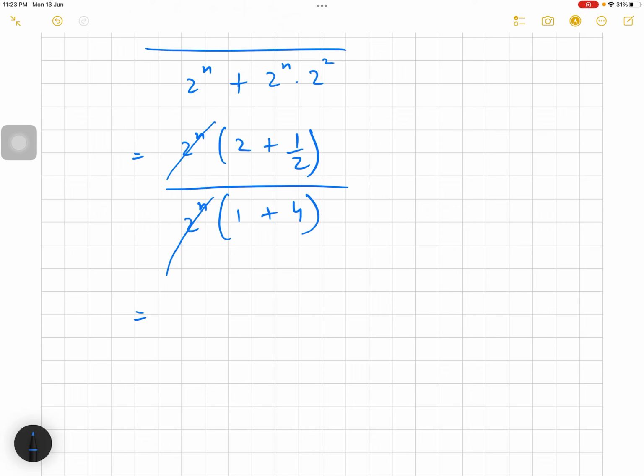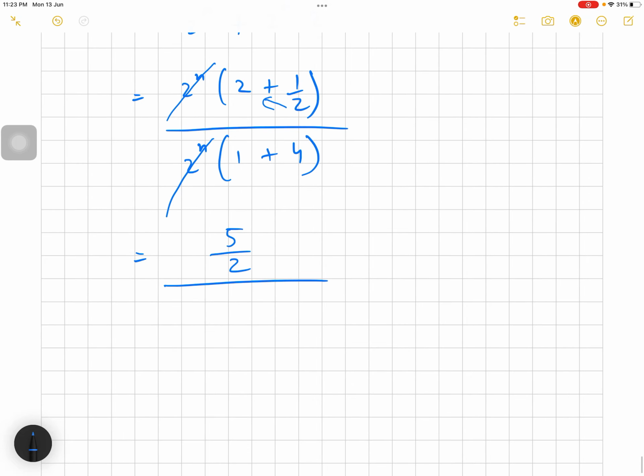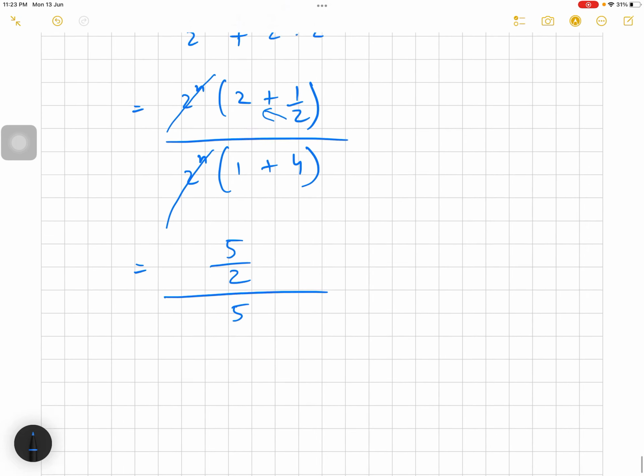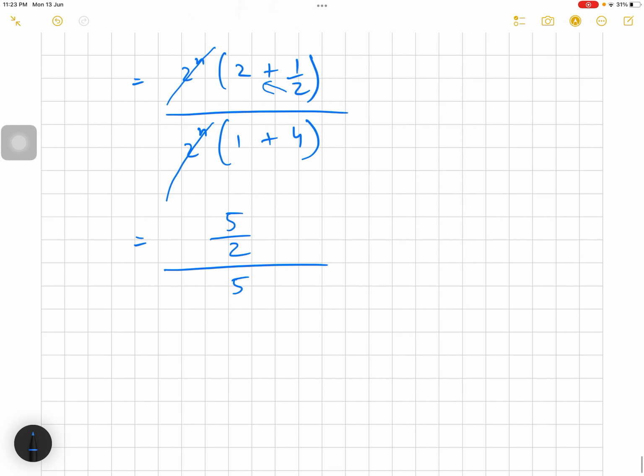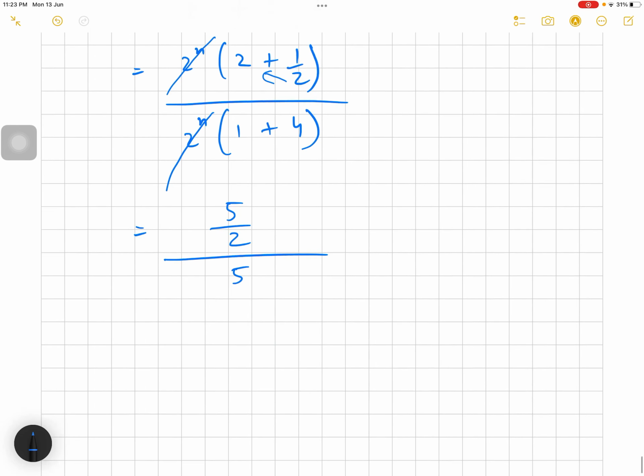So I'll just take LCM. 2 into 2 is 4. 4 plus 1, 5. So 5 by 2 upon 1 plus 4 is 5. Okay. So this is 5 by 2 upon 5.